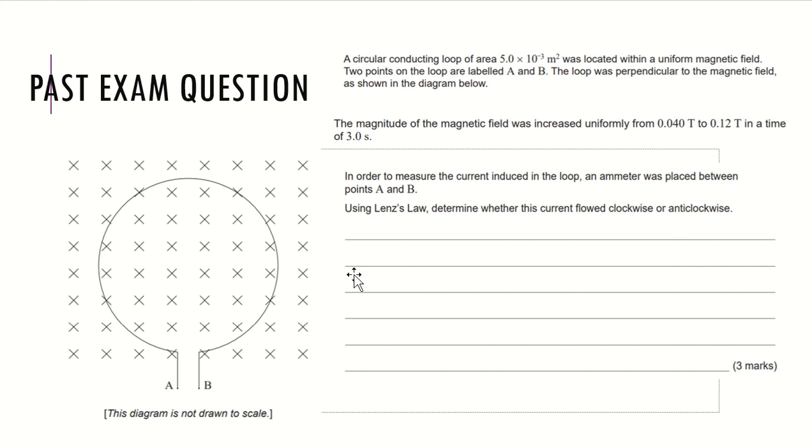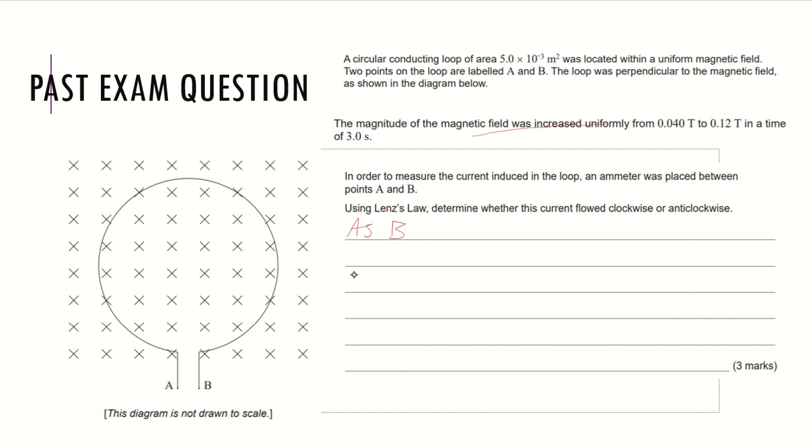So basically, the magnetic field was increasing into the page, because it's increasing. I'm just going to use shorthand.